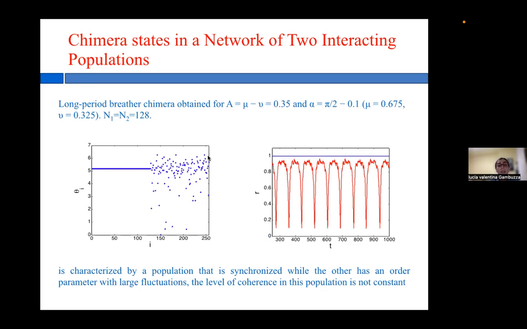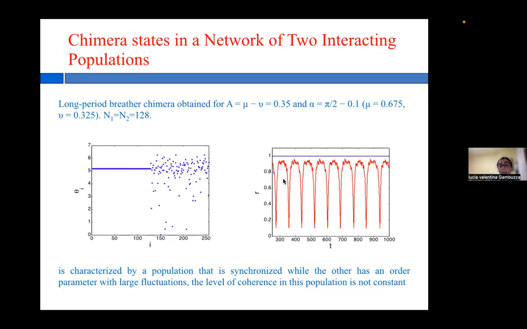And here, for example, we consider again the case of long period breather chimera, obtained by fixing the difference between the two coupling strengths equal to 0.35, and the value of alpha, the tunable parameter, equal to this value. Again, we have the two populations with 128 units.